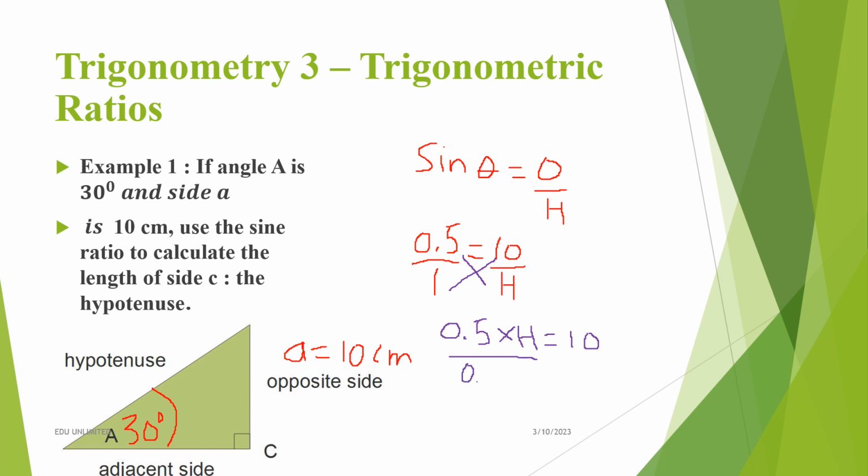So this 0.5 cancels this 0.5, so h would be equal to 10 divided by 0.5, which would give us 20.